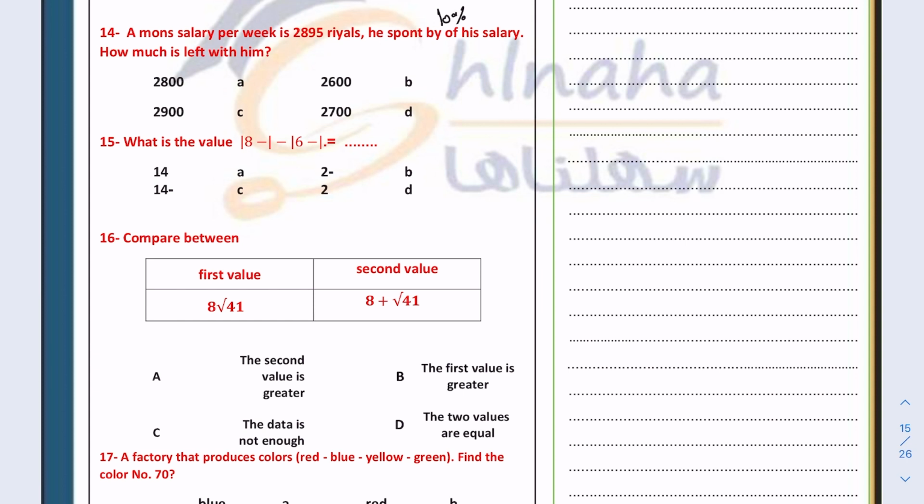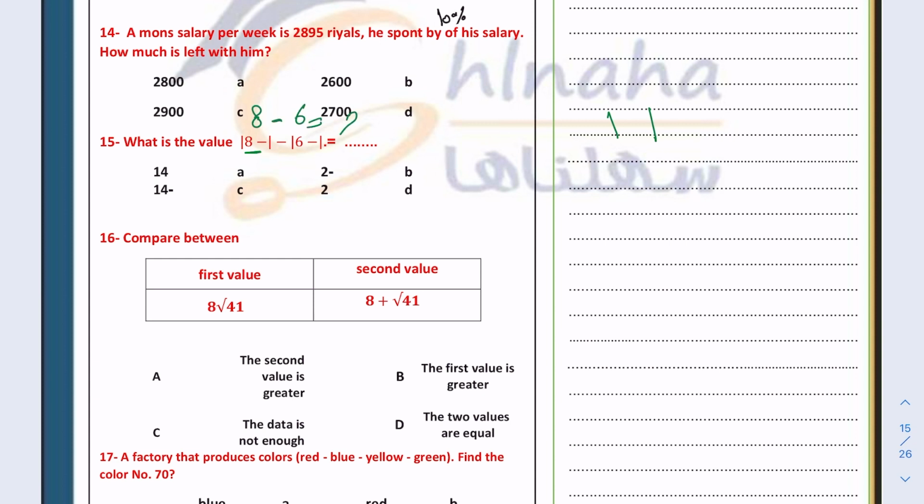Question number 15. Absolute 6 minus absolute 8. Now, if I have this question, always the absolute can cancel the negative inside it, not outside it. So if I have this question in this order, it will be absolute negative 8 will be 8, minus absolute negative 6 will be 6.